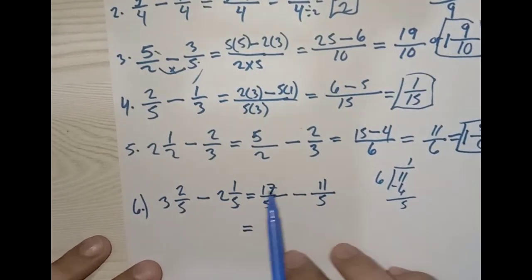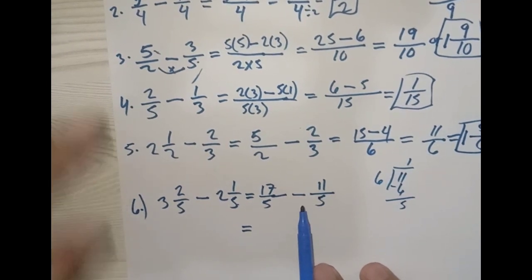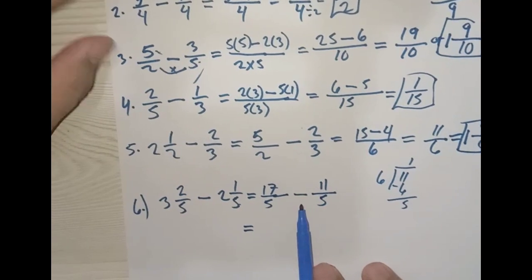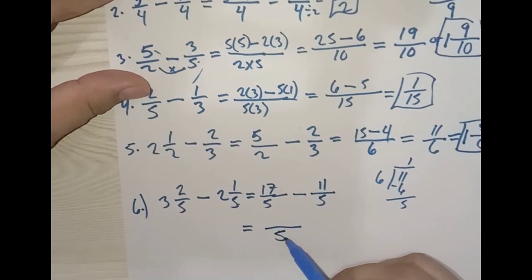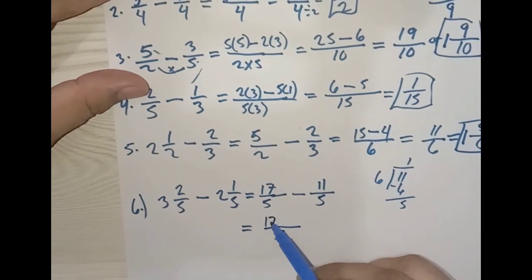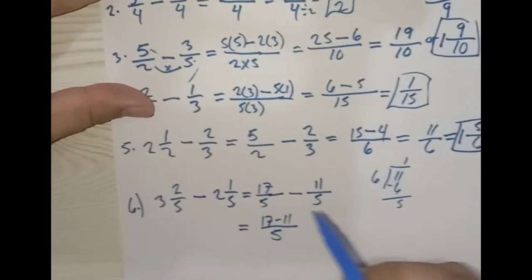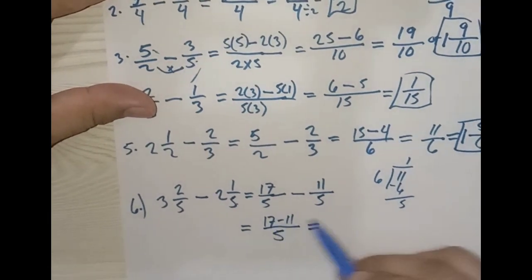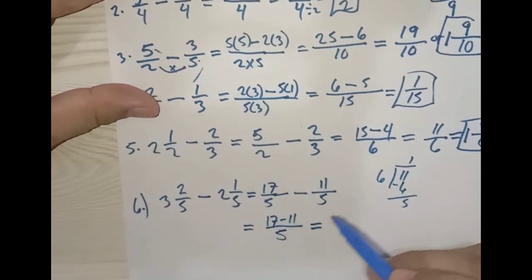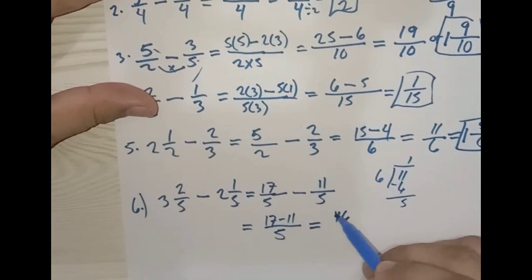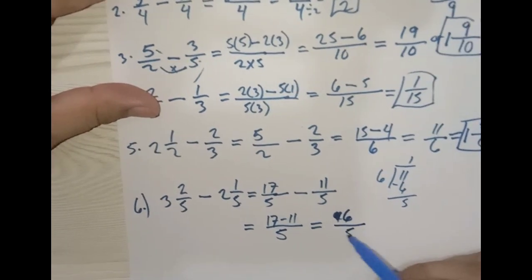And then, dito sa baba. Simplify natin. Since nakita natin na same denominator sila, ang gagamitin nating procedure is copy the denominator, 5, and then isusubtract lang natin yung numerator. So, is equal to 17 minus 11 is 6 over 5.